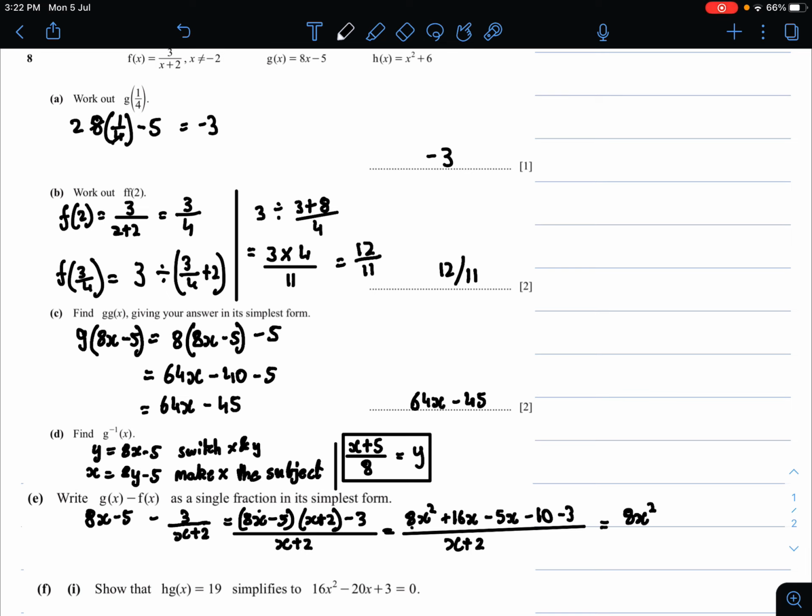So 16 minus 5 would be 11, so that would be positive 11x. And minus 10 minus 3 would give us minus 13. Therefore the final answer for part E would be 8x square plus 11x minus 13, whole thing divided by x plus 2.